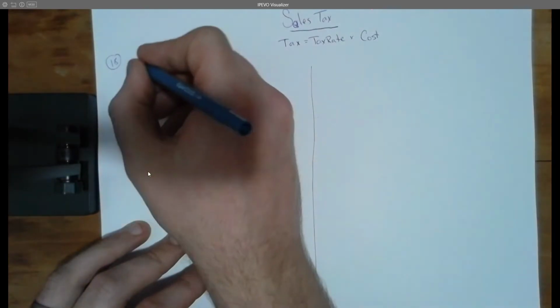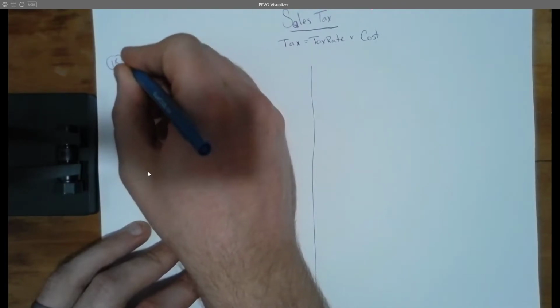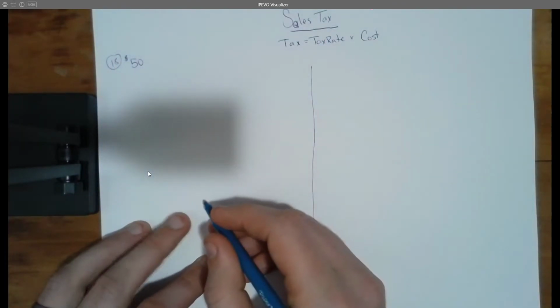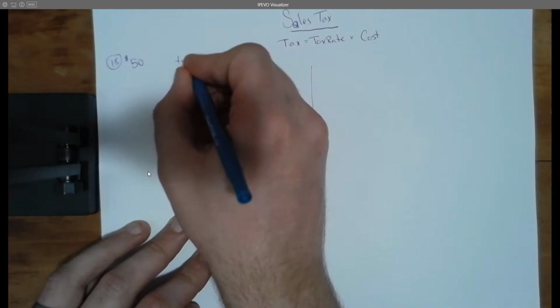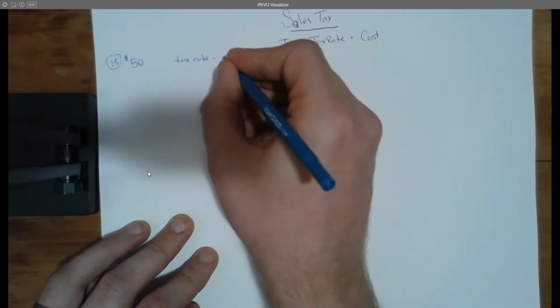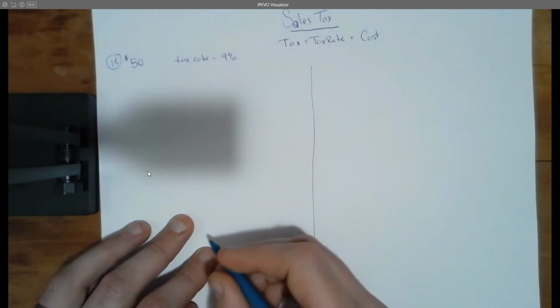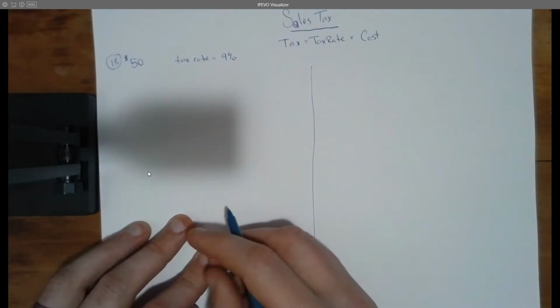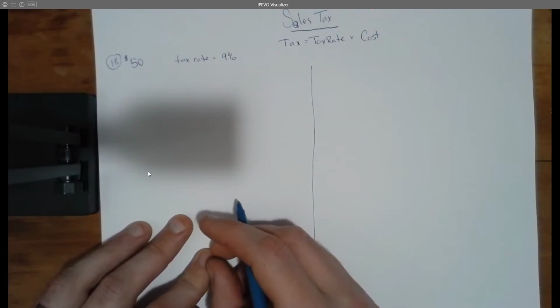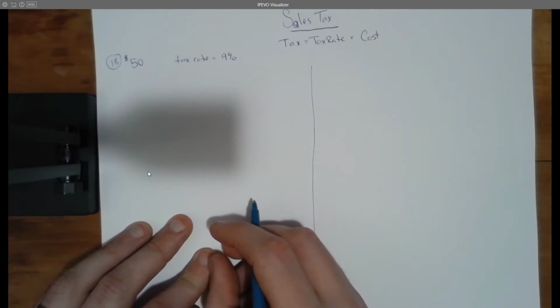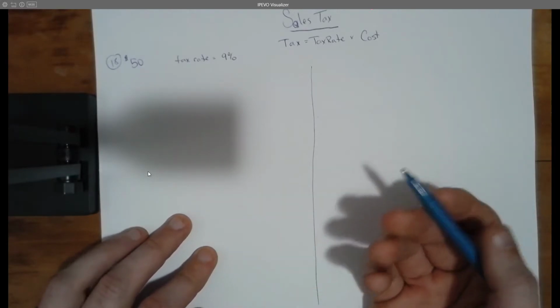So the cost is going to be $50, and the tax rate for that is going to be 9%. There are two parts to this question. One is how much sales tax does a customer have to pay? So how much extra are they going to have to pay?